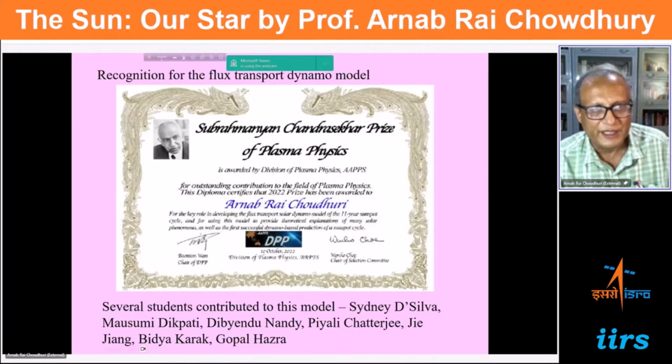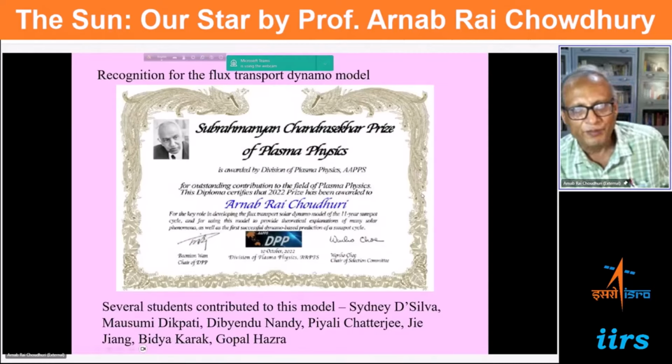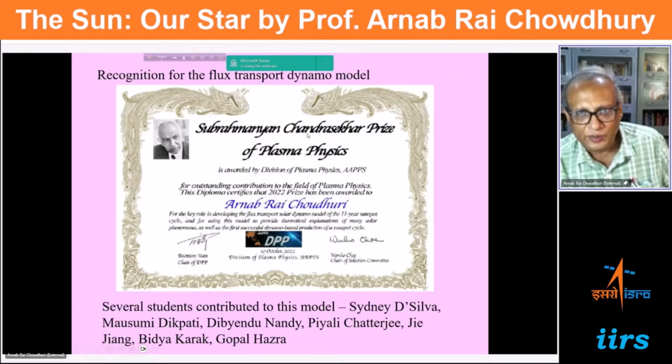But I can mention that special recognition for our work came about two years ago when I became the second Indian to receive the Chandrasekhar Prize of Plasma Physics, after Professor P.K. Kaw, who received this prize about a decade earlier. The citation of this prize says it was for the key role in developing this flux transport solar dynamo model of the 11-year sunspot cycle.